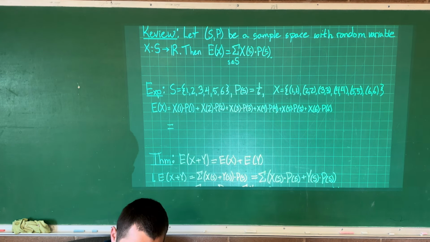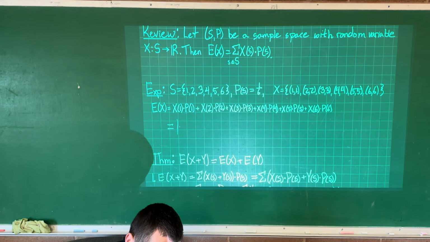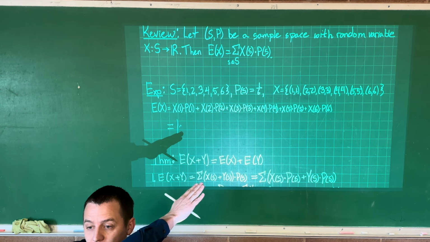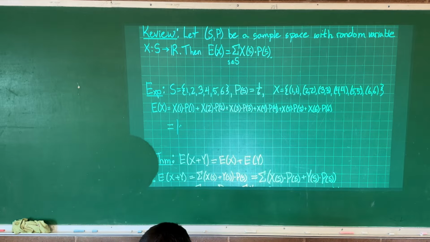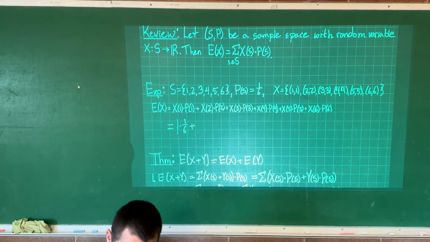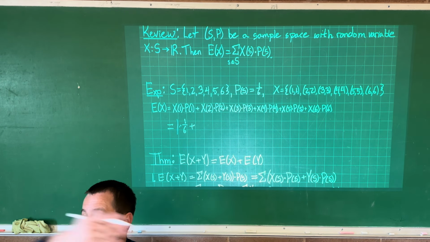So x of 1 is just 1. Now, we're going to multiply this by the probability of a 1. What was my probability of 1? Looking at my probability function, 1/6. So it's just going to be 1 times 1/6. And now we're going to add that to what's x of 2? Just 2. X is the function; it just maps everything to itself.